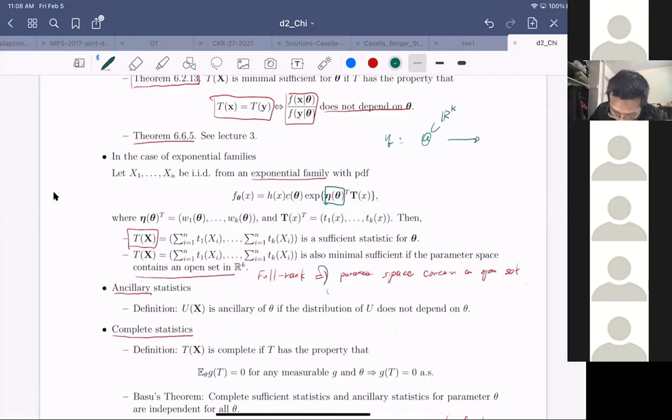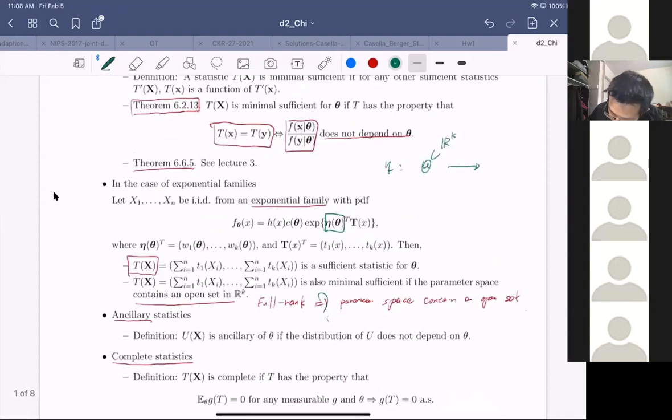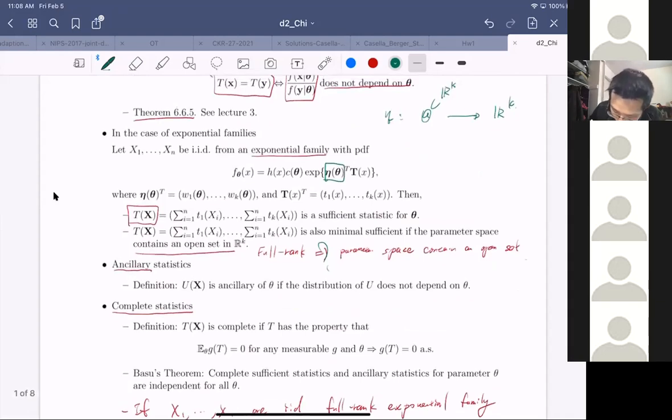Let me see how to explain this. A way to do that is we have to differentiate over theta and check its rank. So if this is from R^k to R^k, then what we can do is take the partial derivative of eta, which is a function of theta.